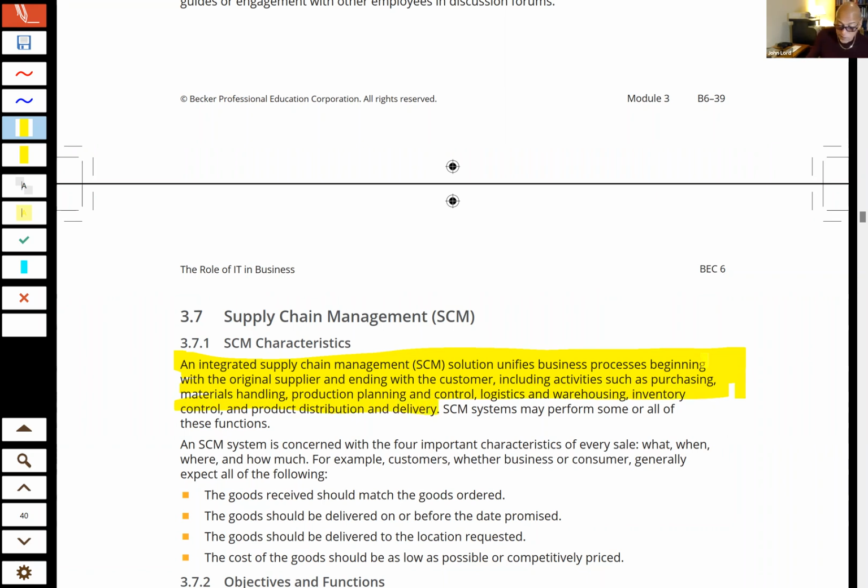Although I'm of the opinion that this has completely fallen apart here because we're having supply chain issues now, and I think there's a lot of factors feeding into that though. But you take a look and a supply chain management system is concerned with four important characteristics of every sale: the what, when, and where, and how much, okay?